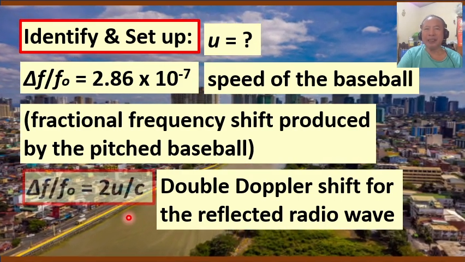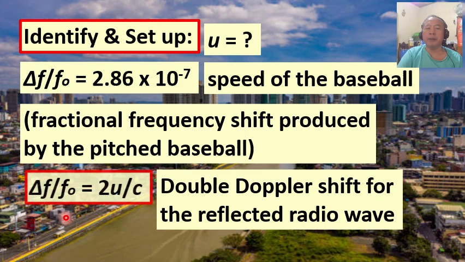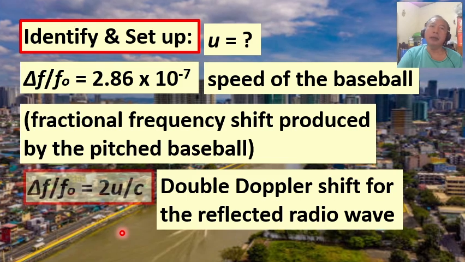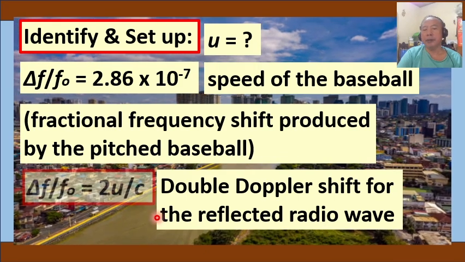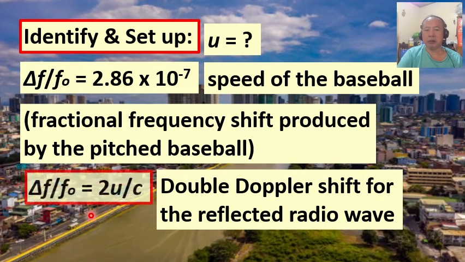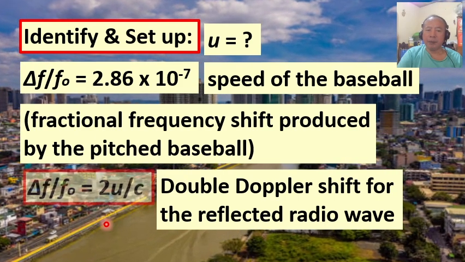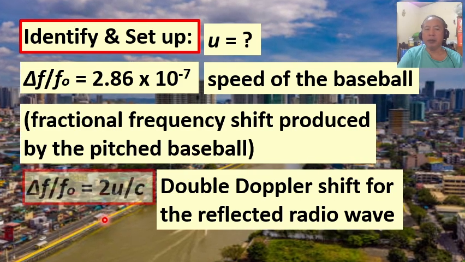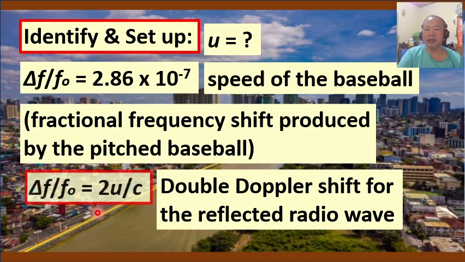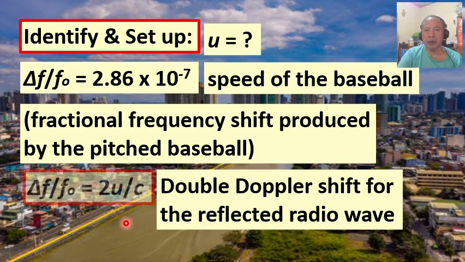So when the beam of radio wave is emitted from the gun towards the approaching baseball with a frequency f naught, in the frame of the approaching baseball, the detected frequency f is higher.